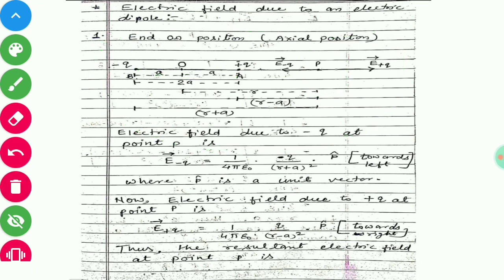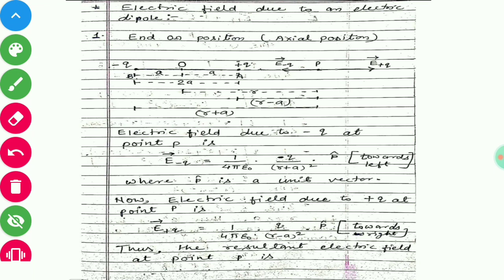Now the electric field is to be determined at point P. Let us assume that at P a plus Q naught test charge is placed.